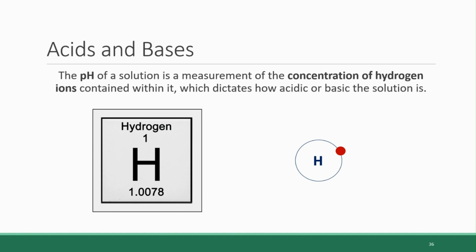So that means the hydrogen atom has one proton in its nucleus and one electron in its orbital. An atom of hydrogen becomes an ion when it loses that electron and gives it away to another atom. When this happens, all that is left behind is the proton in the nucleus. This free floating proton is the hydrogen ion.